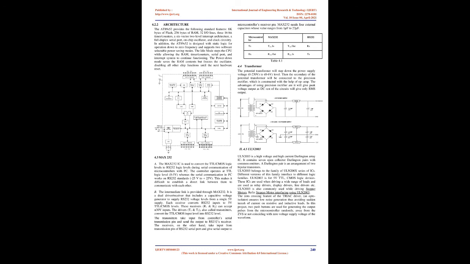In addition, the AT89S52 is designed with static logic for operation down to 0 frequency and supports 2 software selectable power-saving modes. The idle mode stops the CPU while allowing the RAM, timer/counters, serial port, and interrupt system to continue functioning. The power down mode saves the RAM contents but freezes the oscillator, disabling all other chip functions until the next hardware reset. 4.3 MAX232.